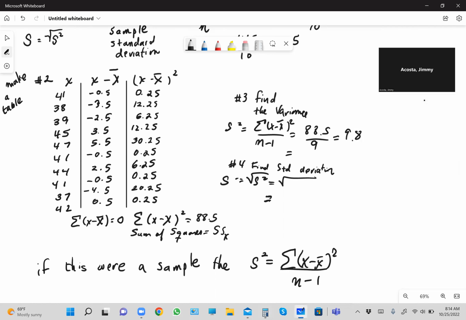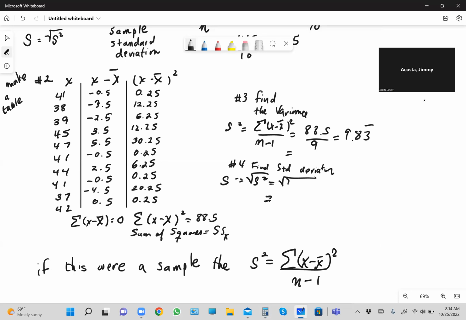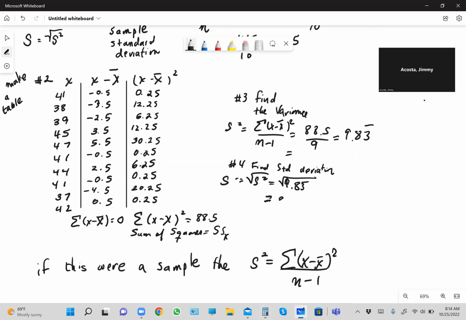So 9.83. Now notice it's 9.83 repeating. If you take the square root of 9.83, it's slightly different than if I take the square root right there. If I left it in the middle of the calculator and then just hit square root, I get a better answer. So if you square root 9.83 repeating, which is still an approximation, you get approximately 3.14.